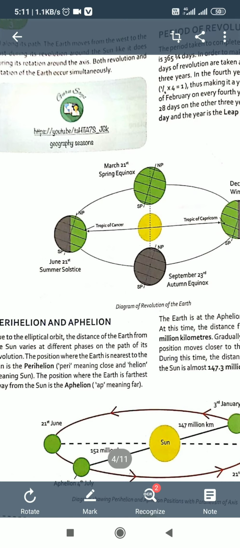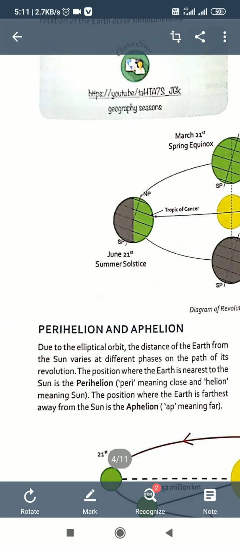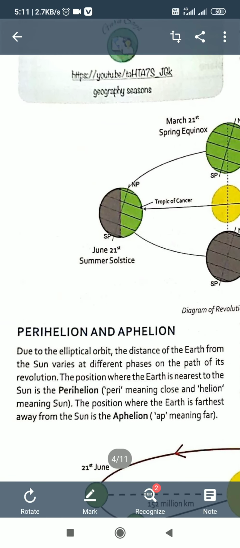Perihelion and aphelion. The orbit is not exactly circular, so the sun is not centrally placed within it. As a result, the distance between the earth and the sun changes during one revolution. Are you understanding, students?